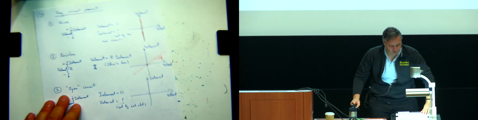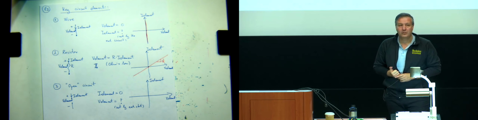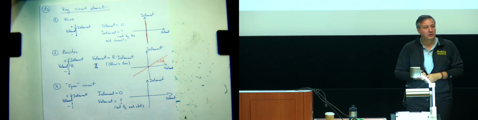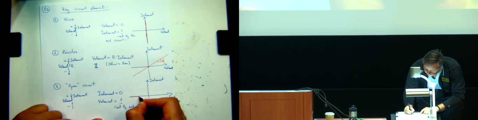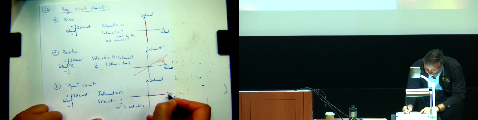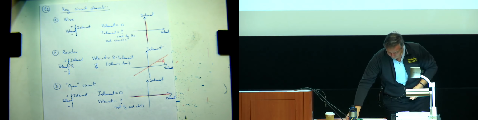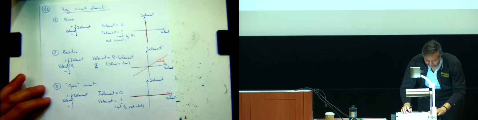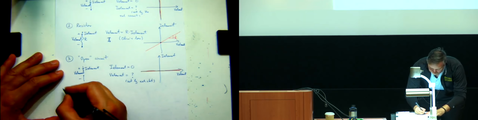And what is this going to look like as a function? Yes? Yep. So it's going to look like the line along the x-axis where I element is 0 and voltage is whatever.